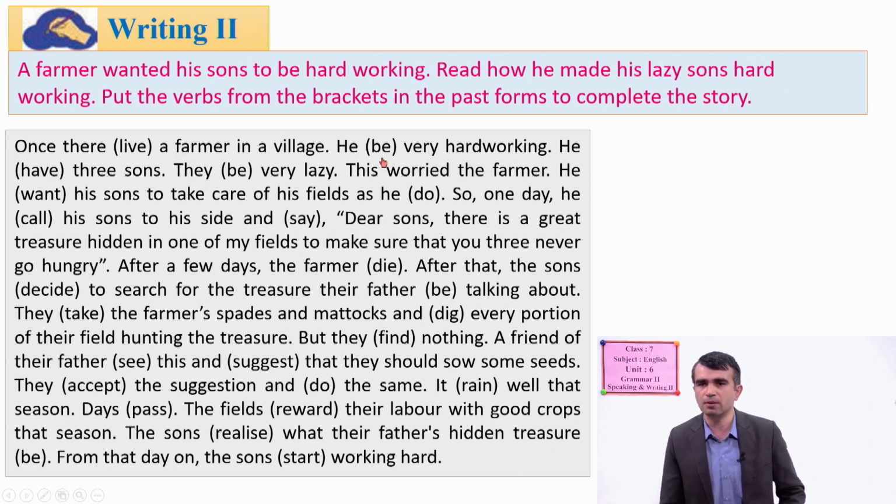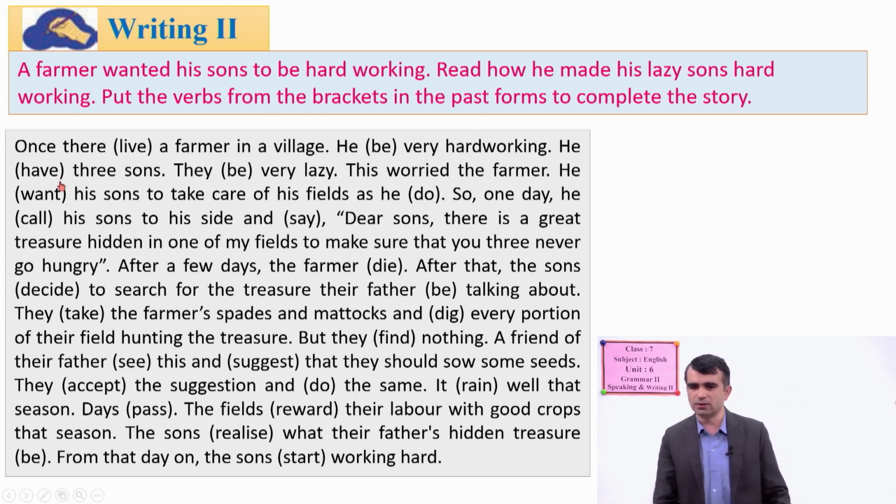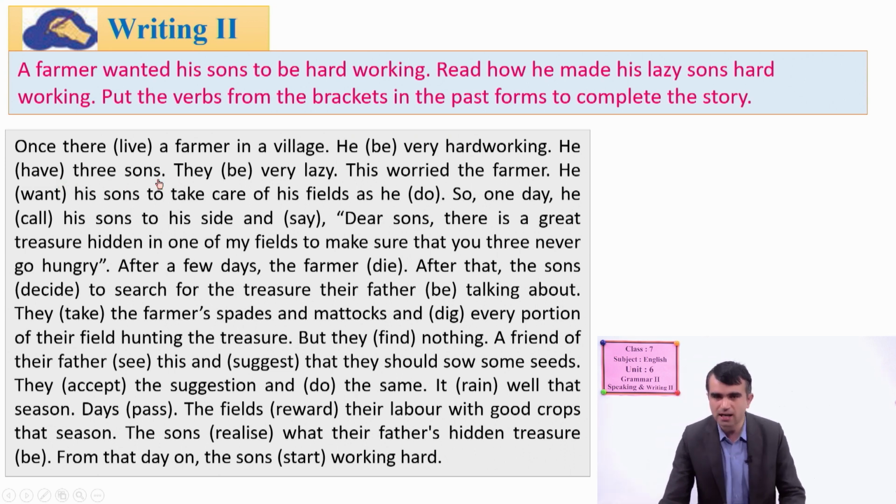What is the past form of be? Was and were. But here the subject is he. He takes was. He was very hardworking. He have 3 sons. Past tense of have is had, isn't it? Good. He had 3 sons. That way you can write.